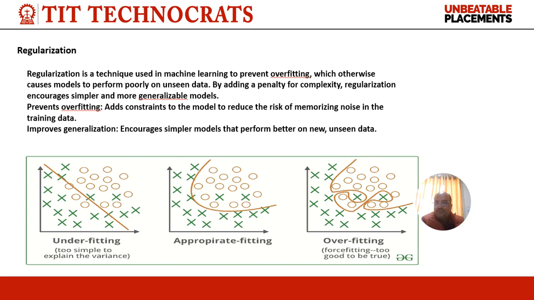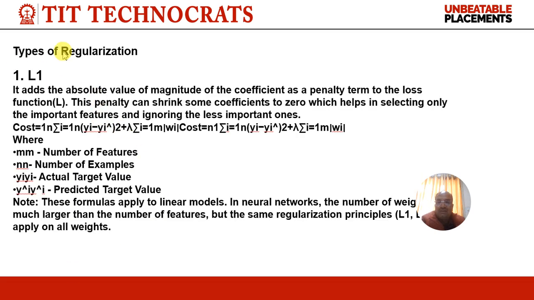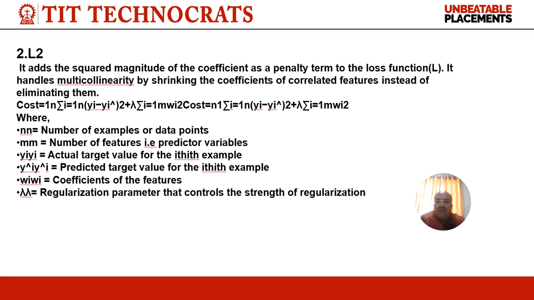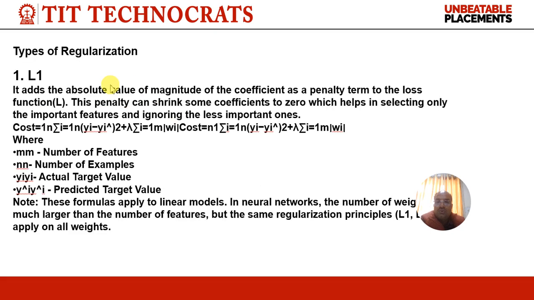Here mainly two types of regularization technique are used. First is L1, and second is L2. In L1, we add the absolute value of the magnitude of the coefficient as a penalty term to the loss function.